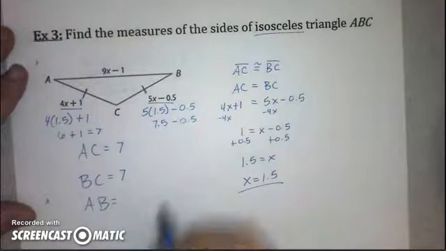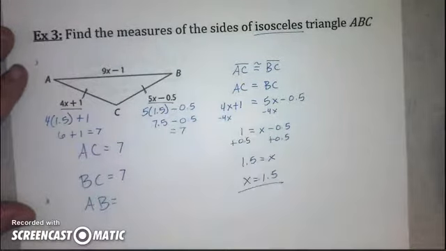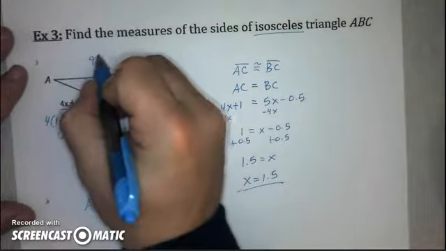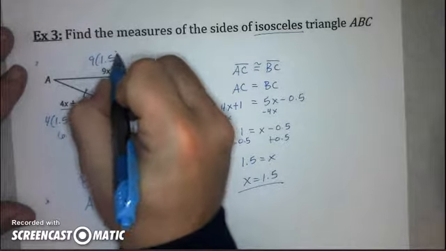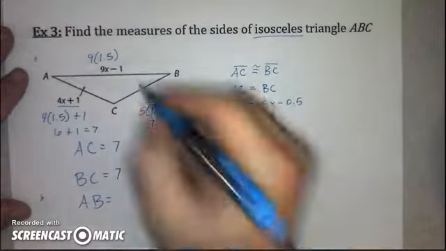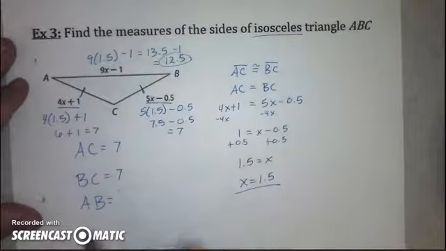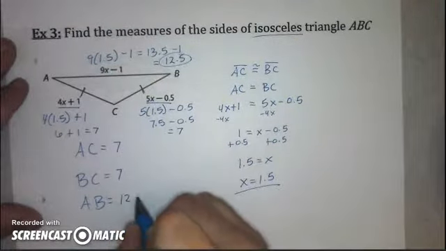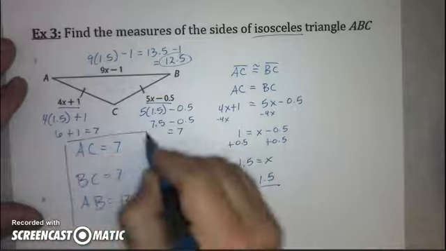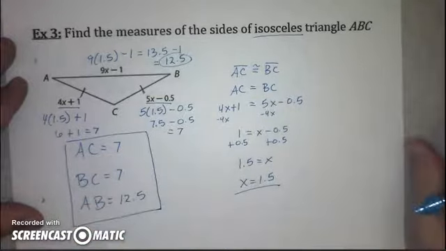Hey, that's 7 again. And then for AB, we do 9 times 1.5 and then subtract 1, which is 12.5. So the length of AB is 12.5. And so all three of these are your answers.